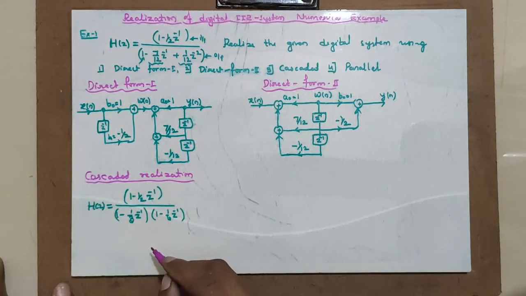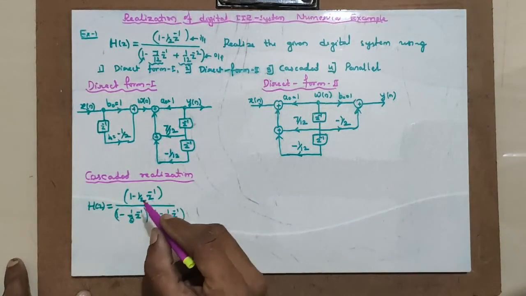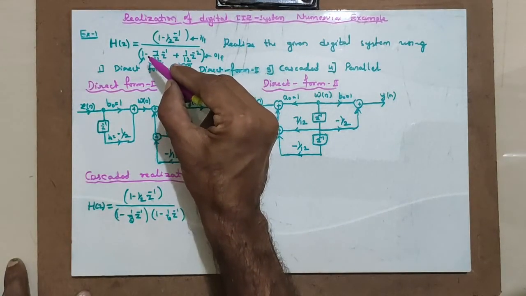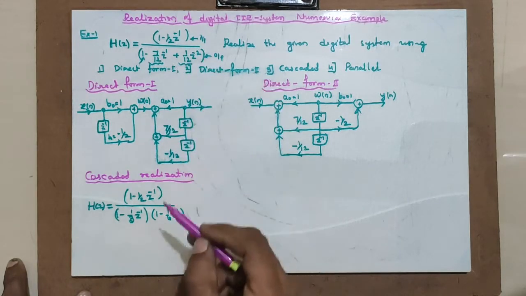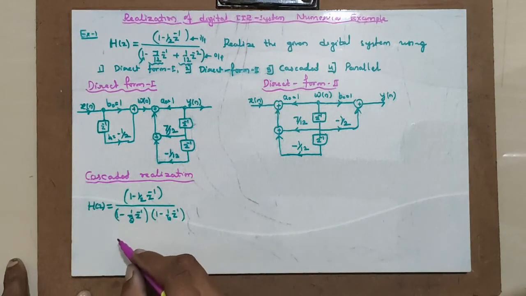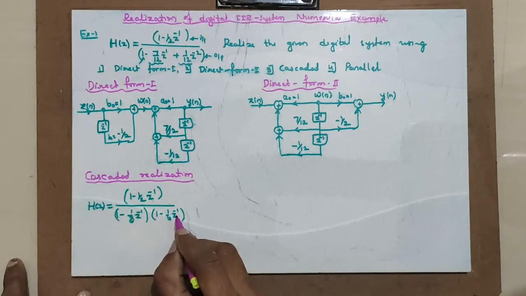If you have any doubts regarding decomposing a given second order into two first orders, you can see another video, but for the time being I shall give directly the answer: the given second order polynomial 1 minus 7 by 12 z raised to minus 1 plus 1 by 12 z raised to minus 2 is composed into 1 minus 1 by 3 z raised to minus 1 multiplied by 1 minus 1 by 4 z raised to minus 1.